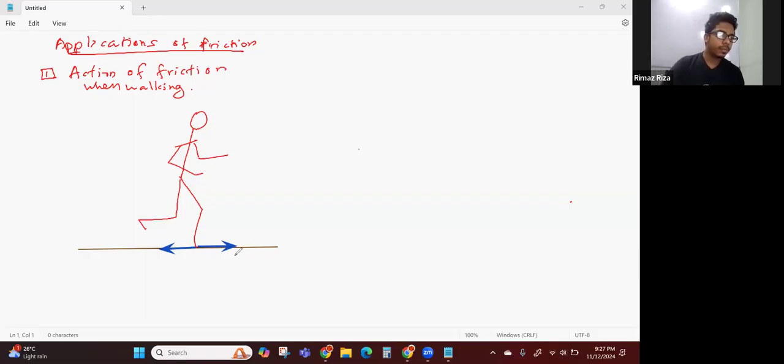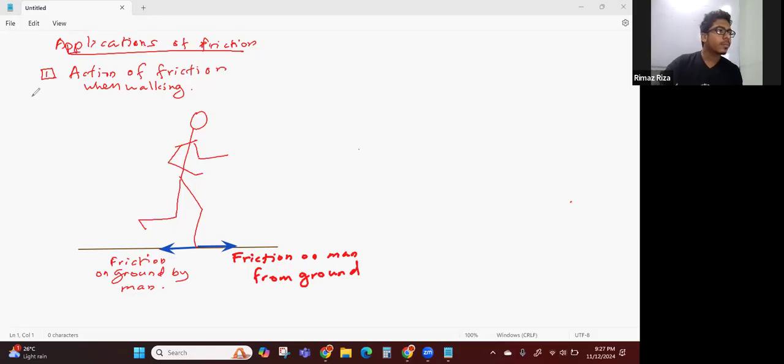We can write down that same friction on man from the ground, and this is friction on ground by man. And weight, no reaction force shown. Okay.